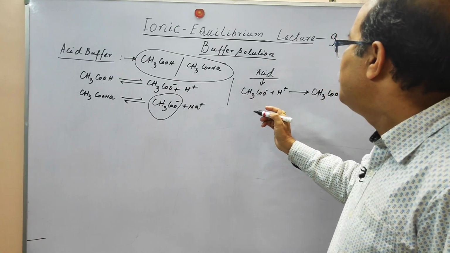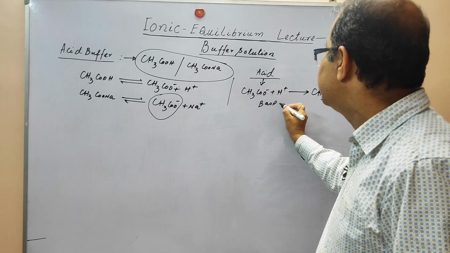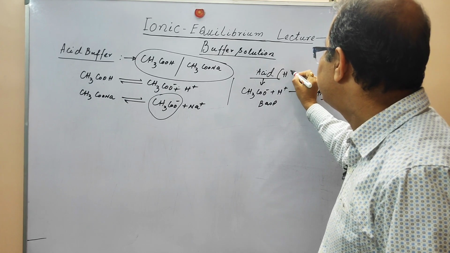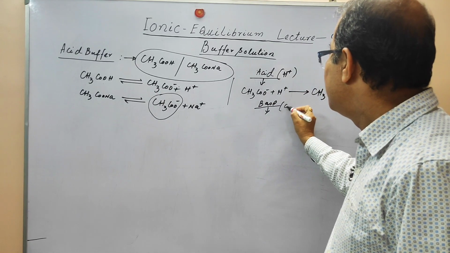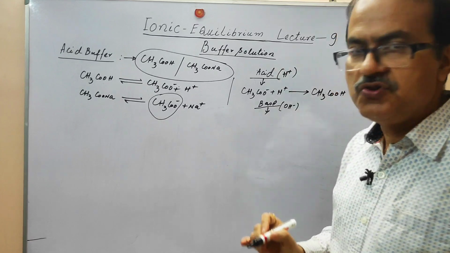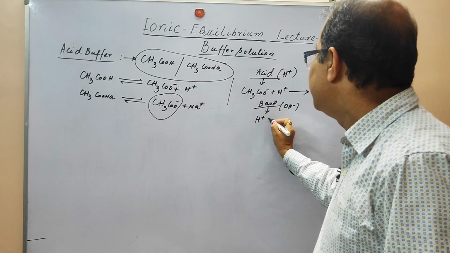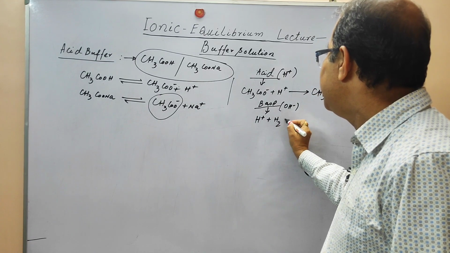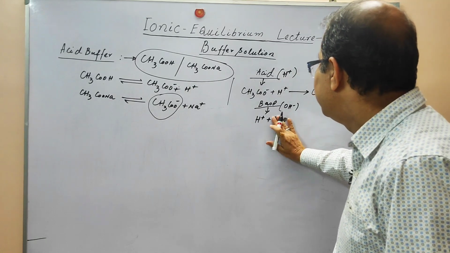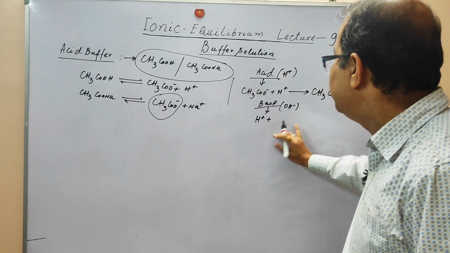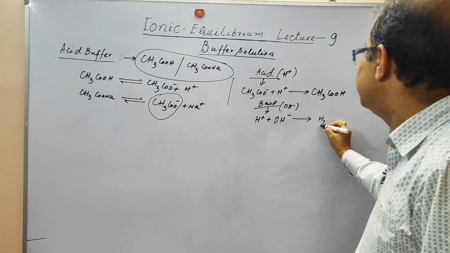When we put some OH minus base, meaning we have put some OH minus ion, the concentration of OH minus ion becomes higher. At that time the H plus ion that is created by the acetic acid will react with this OH minus ion, and it will produce H2O.